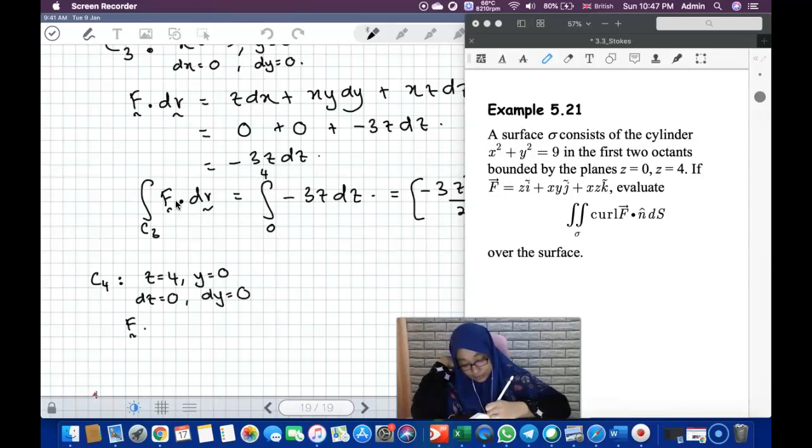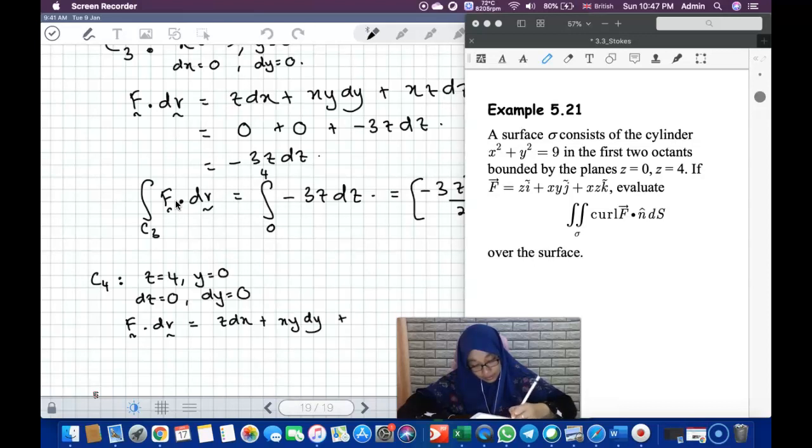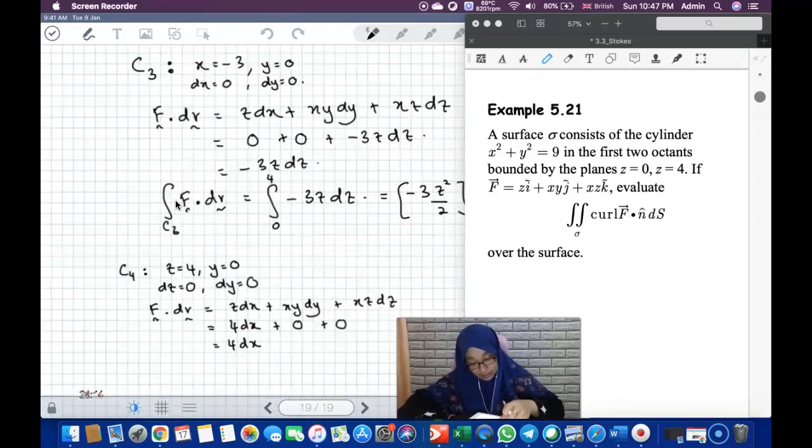We plug into f dot dr: z dx plus xy dy plus xz dz. So 4 dx, dy is 0, dz also 0, so you got 4 dx.